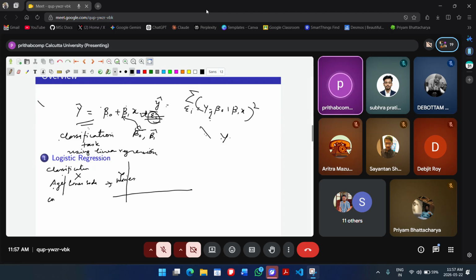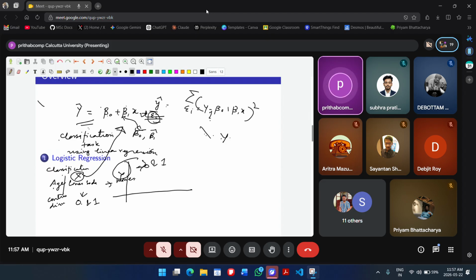Age is a continuous or maybe discrete variable, and loves soda I can obviously enumerate as 0 and 1. So why not put these x values over here and predict y as 0, 1, 1, 0 and 1?